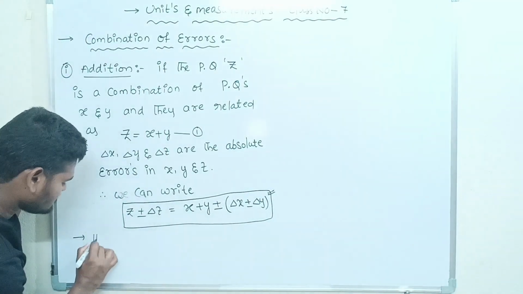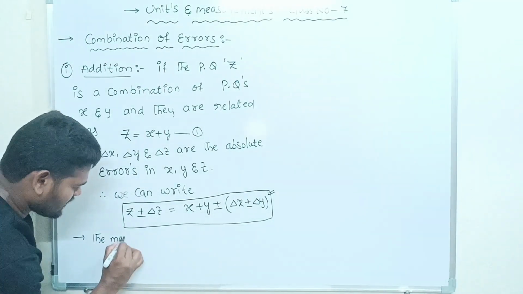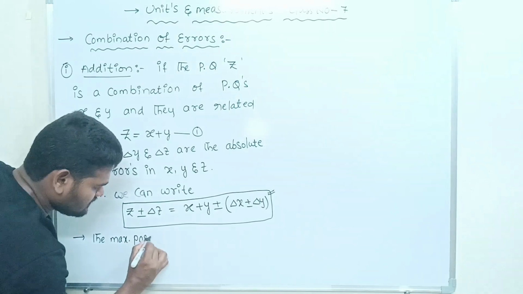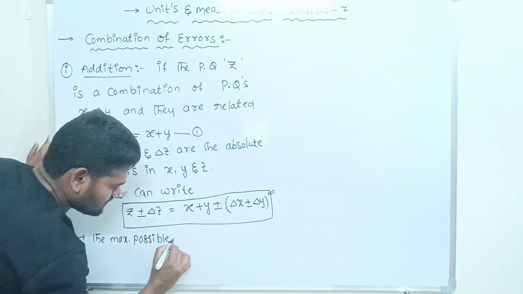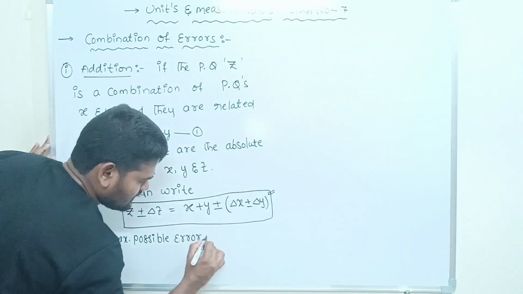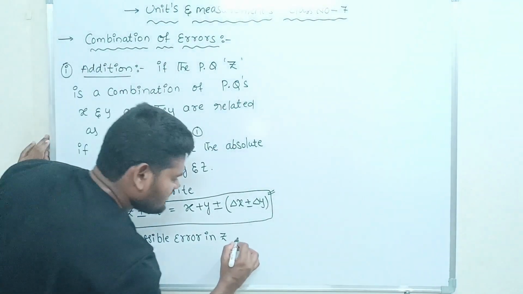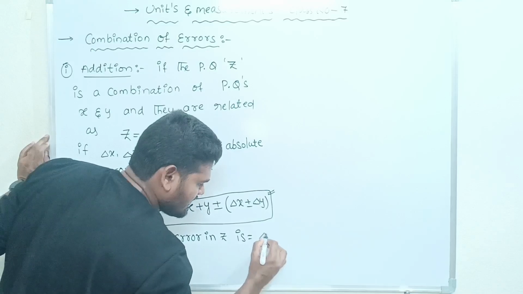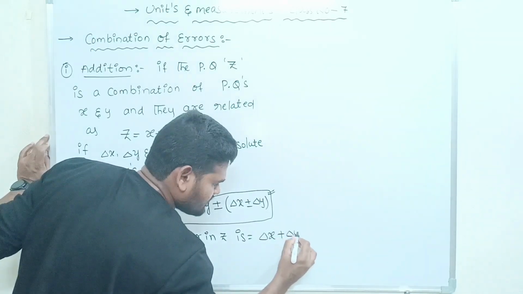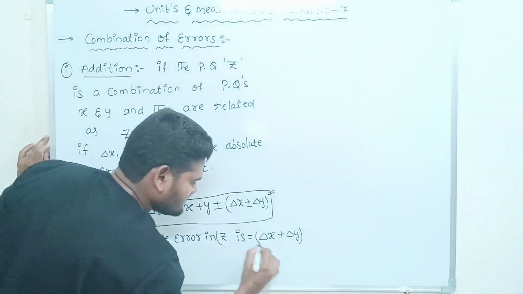Okay, so the maximum possible error in Z is equal to delta X plus delta Y. What is the maximum possible error in Z?